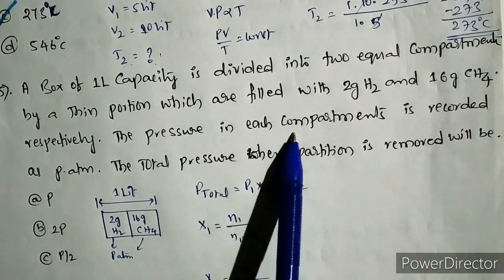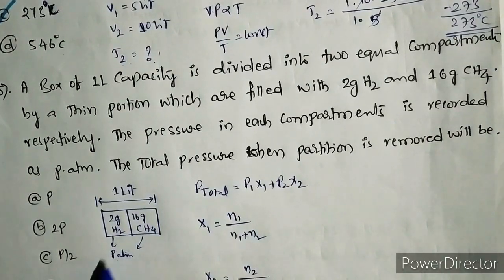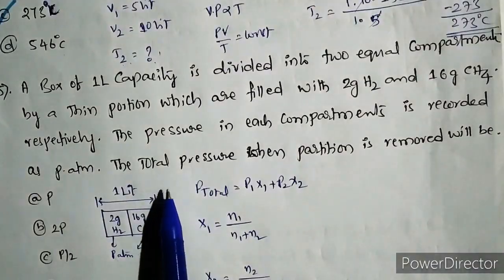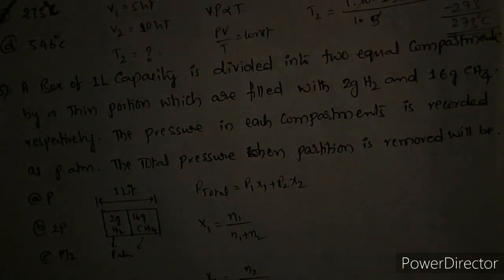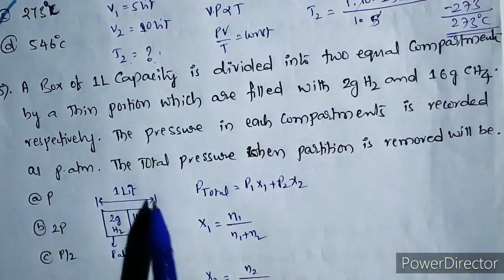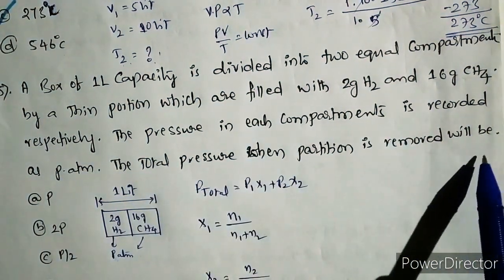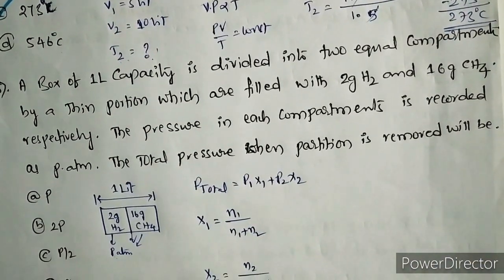The pressure in each compartment is recorded as P atmosphere. In both the compartments, the pressure is P. The total pressure when the partition is removed will be, if this partition is removed, what is the P total?